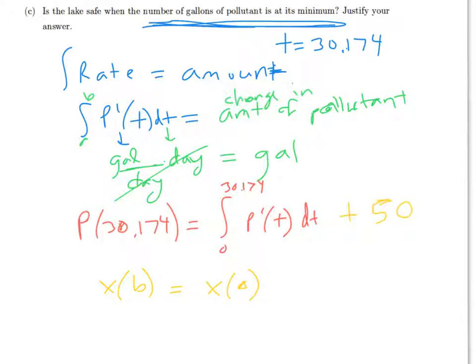I have to start with that and then figure out how far did I go from A to B. And that's exactly what I'm doing here. So hopefully you can see that this is your initial position, initial amount, and then we're finding the change in the amount. Okay, at this point, go ahead and go to your calculator and see what you get, and then we'll pick back up.